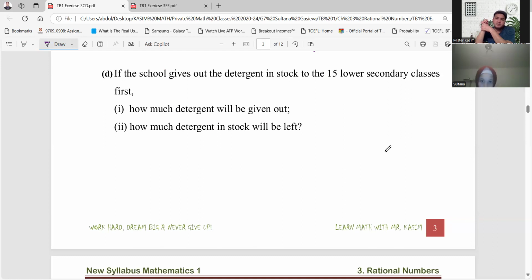Okay. Read the next question. D: If the school gives out the detergent in stock to the 15 lower secondary classes first, how much detergent will be given out and how much detergent in stock will be left?